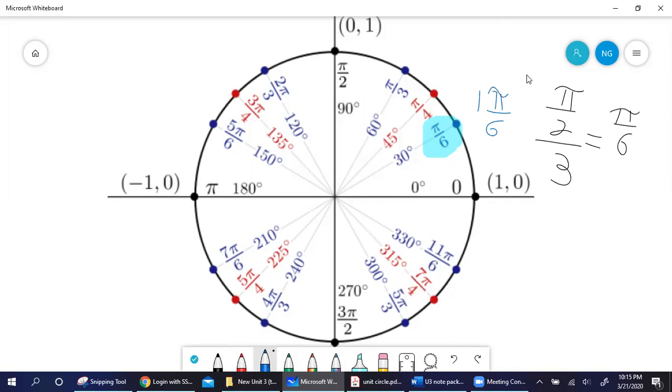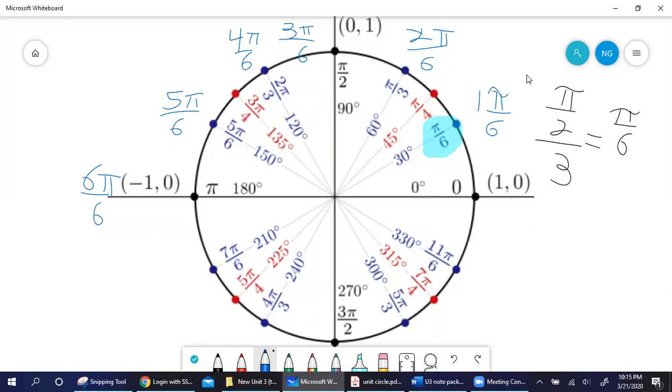So 30 degrees is 1 pi over 6. The next increment would be 2 pi over 6, which reduces to pi over 3. The next would be 3 pi over 6, which is pi over 2. The next would be 4 pi over 6, which reduces. 5 pi over 6. You can see anytime I'm going to get a fraction that can reduce, I would.